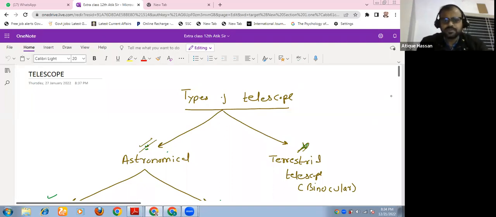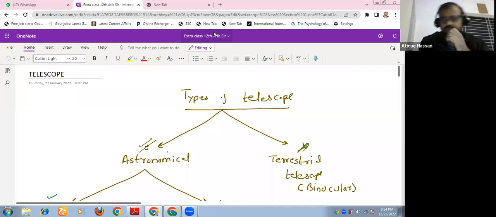The major difference we all know is in the construction. In a microscope we have a larger eyepiece and a smaller objective. Sorry, in a microscope we have a smaller objective and a larger eyepiece, right?